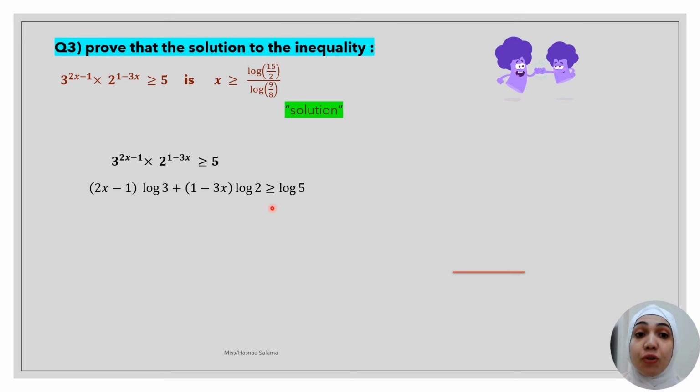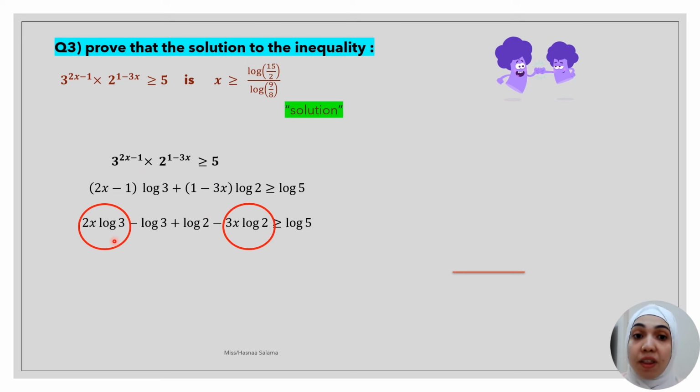That's it. After that, I can expand the brackets. Let's try. When I expand the brackets, it means I will multiply log 3 by 2x minus 1. After that, I have 2x here and 3x there.